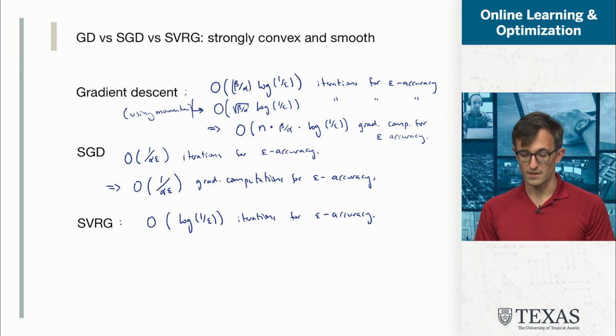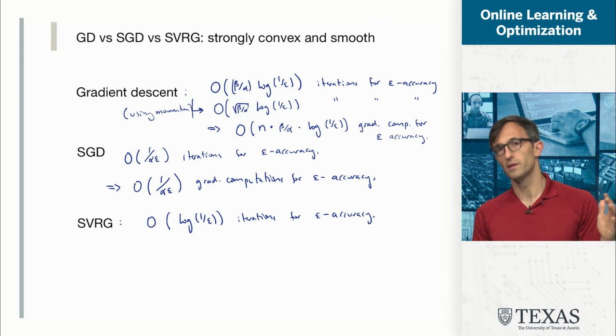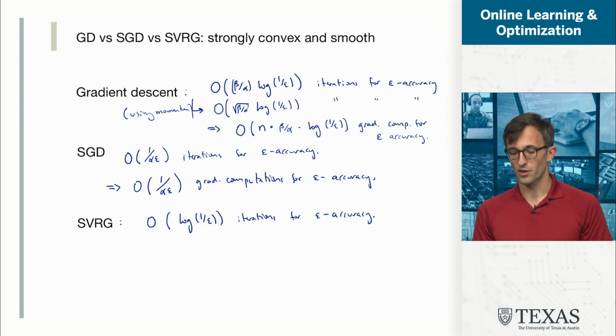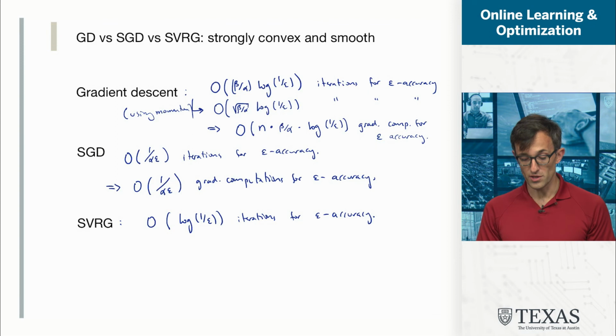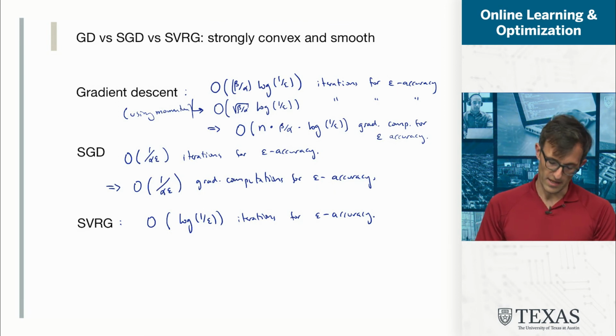So for gradient descent, the cost of one iteration is always fixed regardless of beta and alpha. It's just n gradient computations. But for SVRG, the cost of each iteration, the way that we've chosen the parameters, actually grows when beta over alpha grows. So we lose there, but we win here. And in the balance, you see that SVRG comes out ahead.